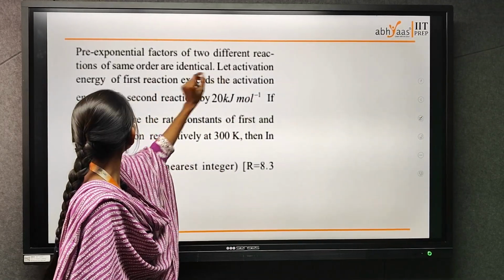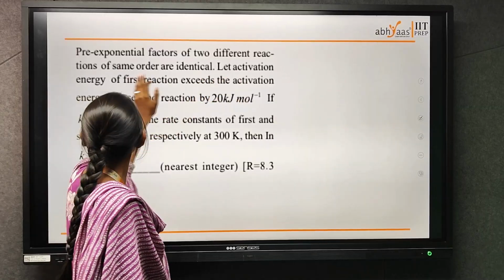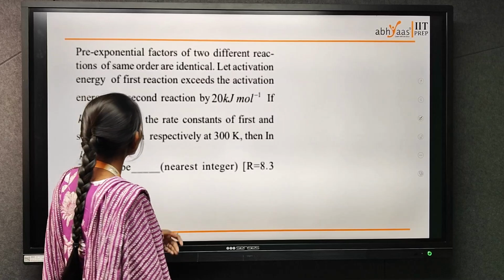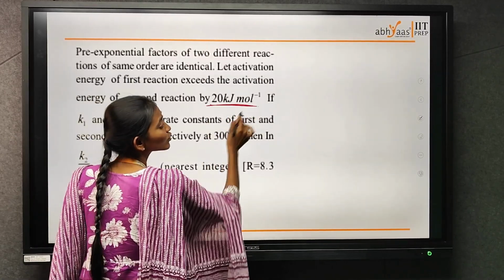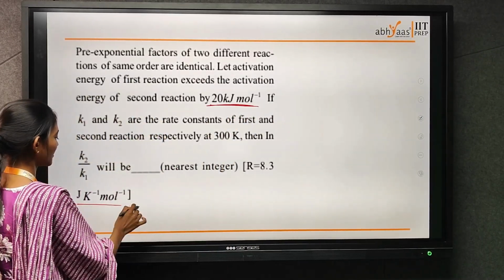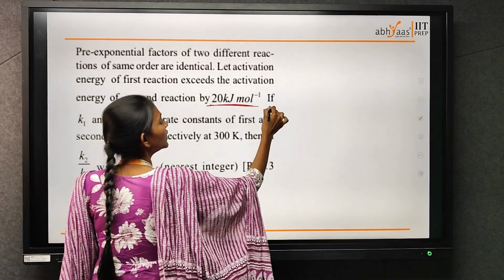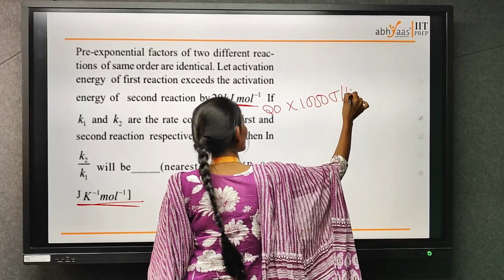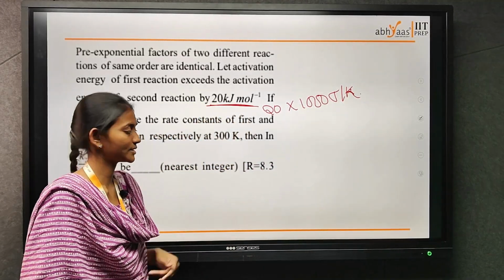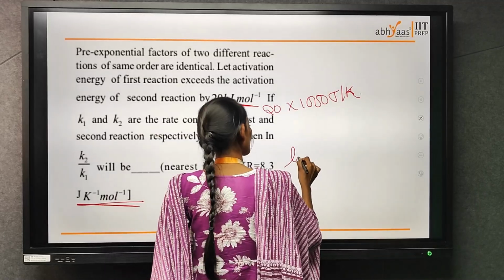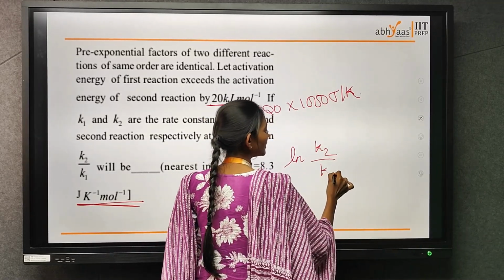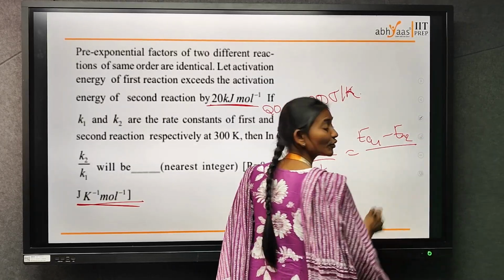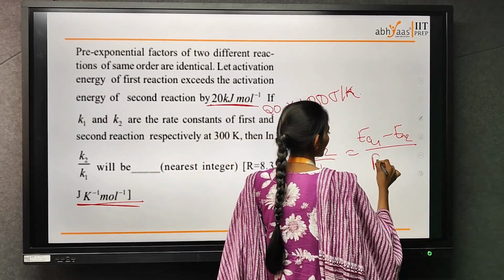Pre-exponential factors of two different reactions are the same order; let the activation energy of the first reaction exceed the activation energy of the second. So here you can see they have given kilojoule per mole, right? But here itself, we are having joules. You need to do here 20 into 1000. So ln K2 by K1 is equal to (Ea1 minus Ea2) by RT.